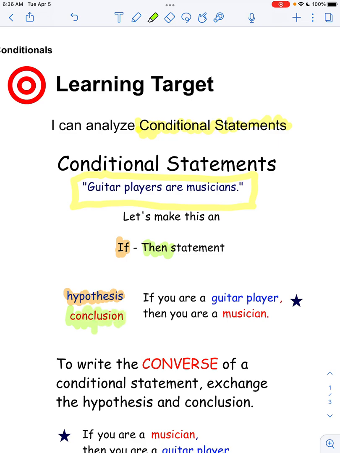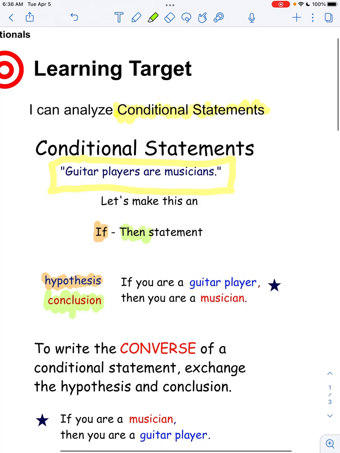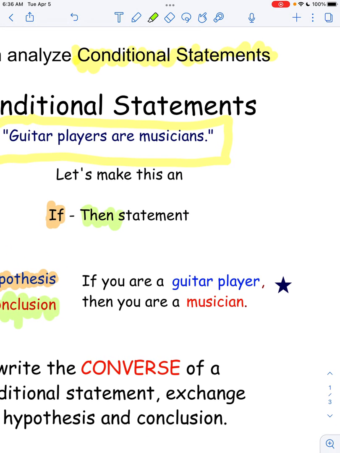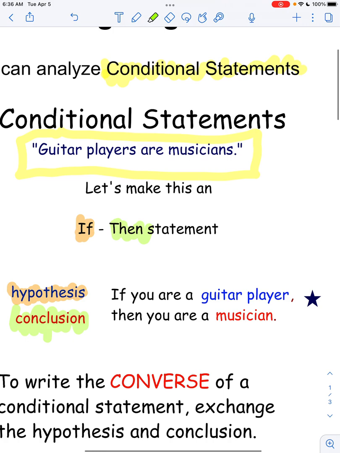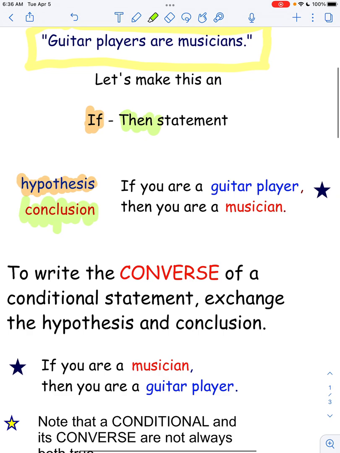So we could change this statement, guitar players are musicians, into if you are a guitar player, then you are a musician. Your hypothesis is if you are a guitar player, your conclusion is then you are a musician.